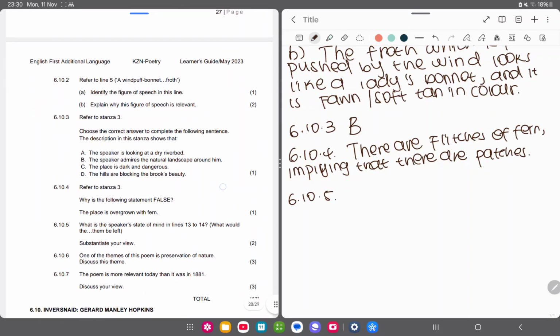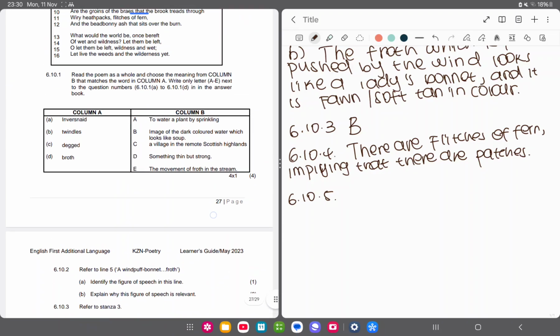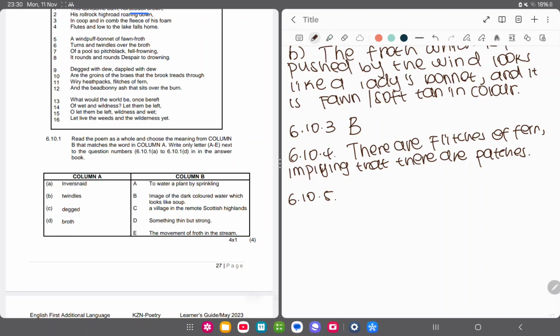6.10.5. It says, what is the speaker's state of mind in lines 13 to 14? And substantiate your view. Let's go to line 13 and 14. It says, what would the world be once bereft of word and wildness? Let them be left. 6.10.5, we can say that the speaker's state of mind is he is in despair.